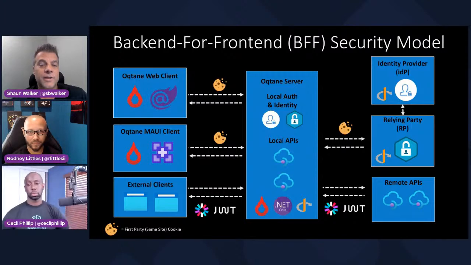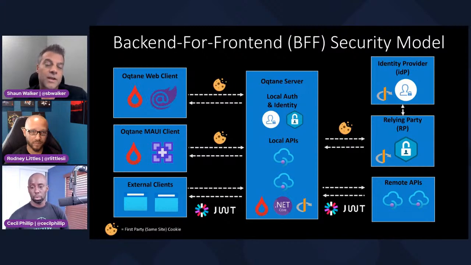This security model, I think, has become a lot more popular maybe in the last 18 months, because for a while it seemed like all applications wanted to use JWT tokens, right, and wanted to avoid the use of cookies as much as possible. Backend for front end leverages cookies, and it leverages cookies for reasons that, I mean, if you want to investigate this further, you can look up online why backend for front end is one of the preferred models.